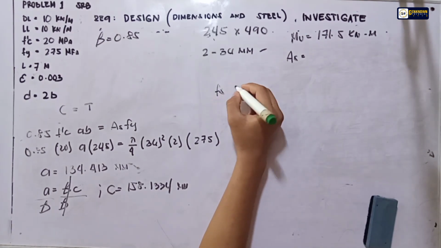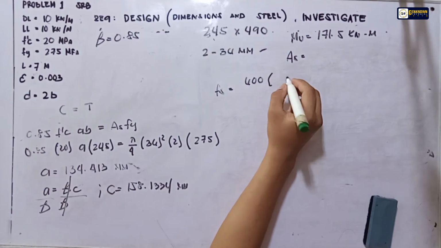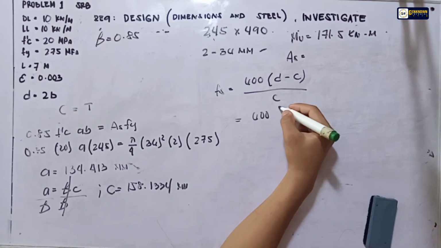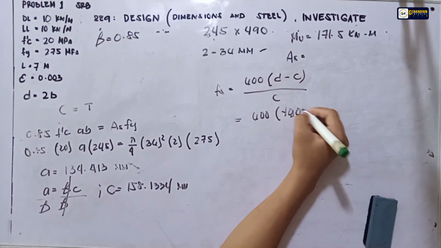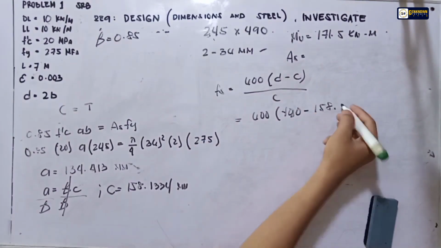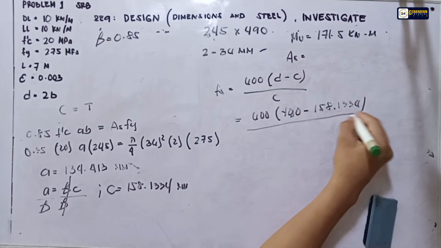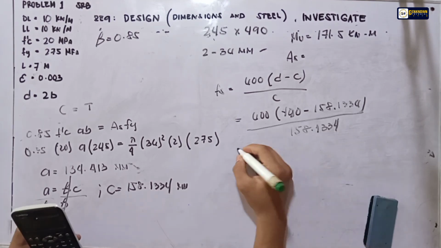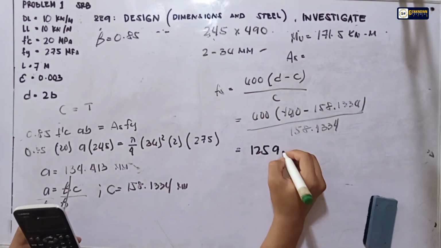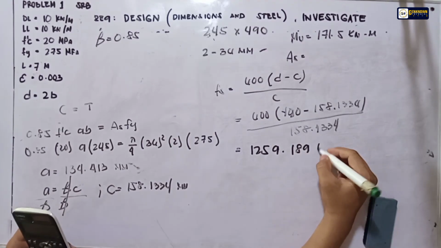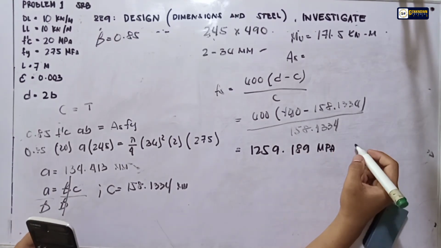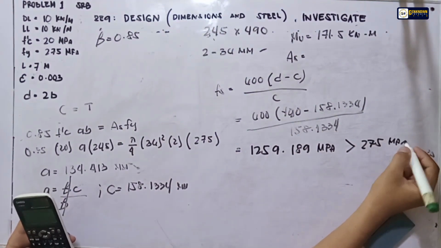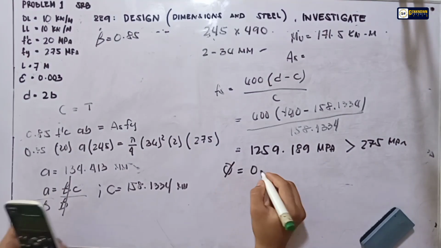So, we have the formula fs is equal to 600 multiplied by the quantity of d minus c over c. That is equal to 600 multiplied by 490 minus 158.1334 over 158.1334, equal to 1259.189 MPa, which clearly we can see na it is greater than the Fy 275, meaning tama lang yung ginamit natin na strength reduction factor is equal to 0.9.